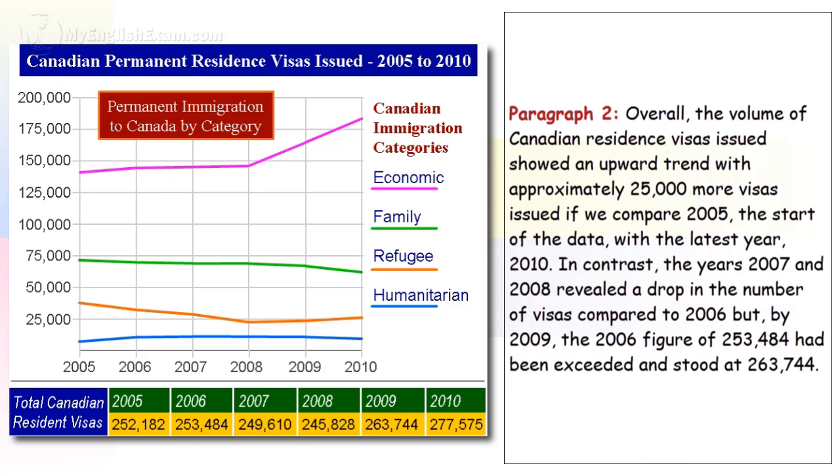Overall, the volume of Canadian residence visas issued showed an upward trend, with approximately 25,000 more visas issued if we compare 2005, the start of the data, with the latest year, 2010. In contrast, the years 2007 and 8 revealed a drop in the number of visas compared to 2006.